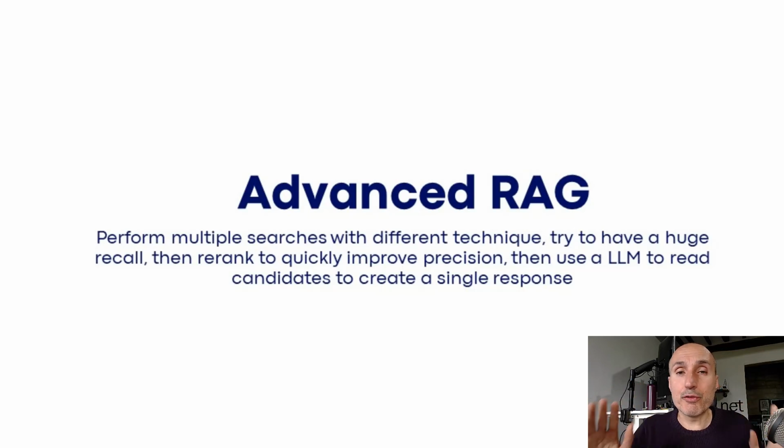So the first thing you need to introduce, if you want to make your RAG pipeline more advanced, is ReRanking, because it opens to you the ability to use in parallel different techniques for search, and maybe one technique is better for one kind of query, another technique is better for another kind of query, and so on. But you don't worry about this.